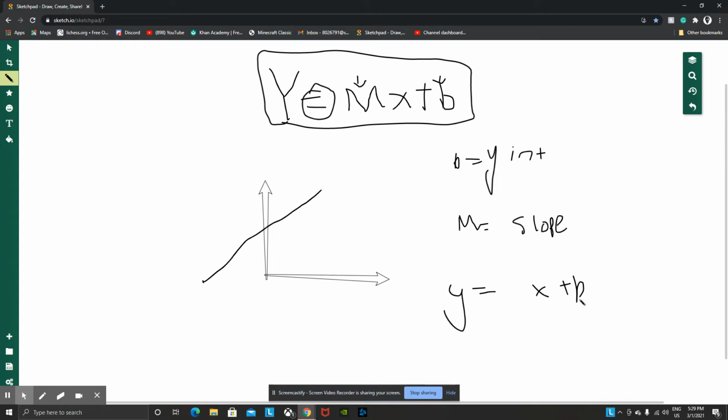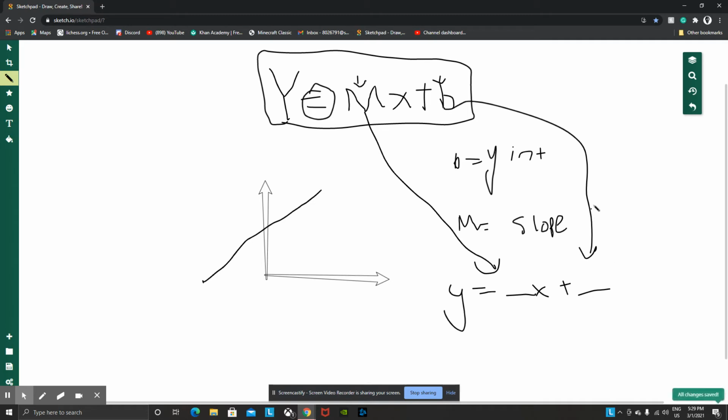As you can tell, there's some space that's missing. Or, you know what, we're not even supposed to add b yet. There's some space that is missing. Our slope, which we know equals m, and b, which we know equals y-intercept. And we know there are two topics in our previous video. So we know slope equals rise over run.